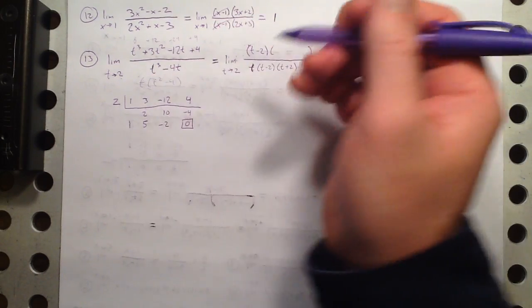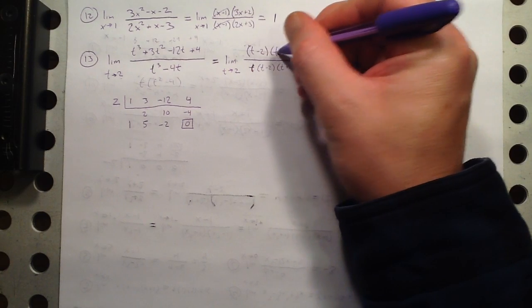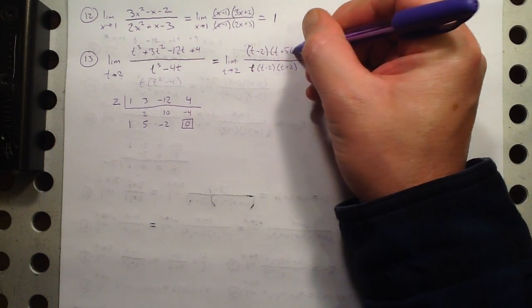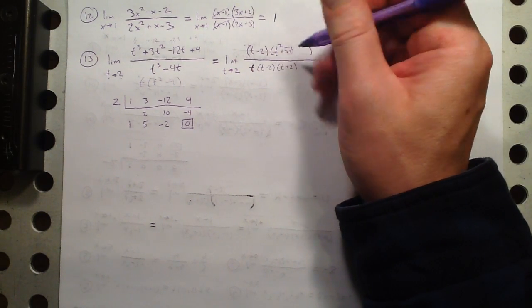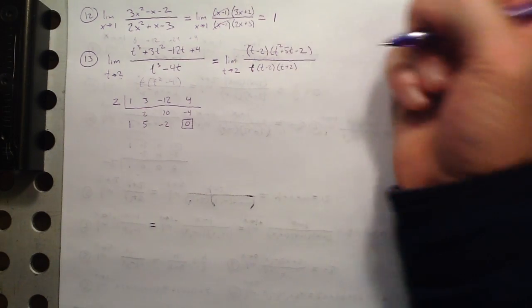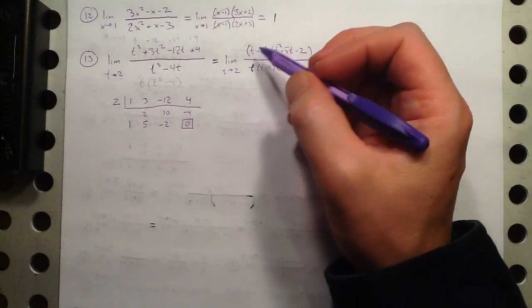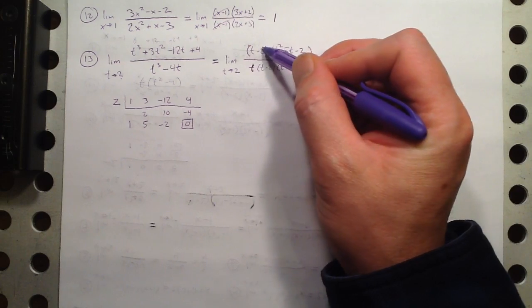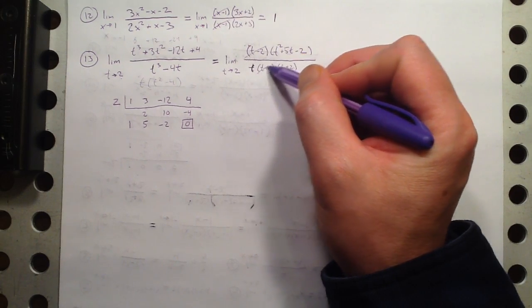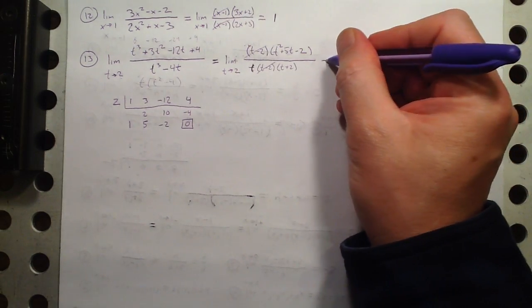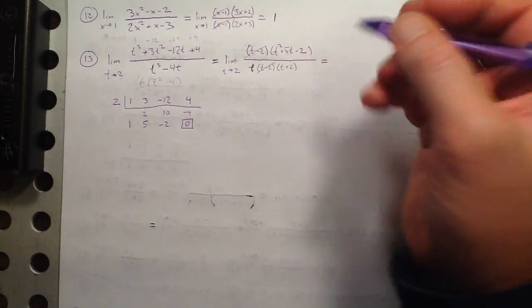So here, the other factor must be t plus 5. T squared plus 5t minus 2. Now the problem, the thing that was causing the 0 over 0 problem, was the t minus 2. So we should be good now to plug in the 2.